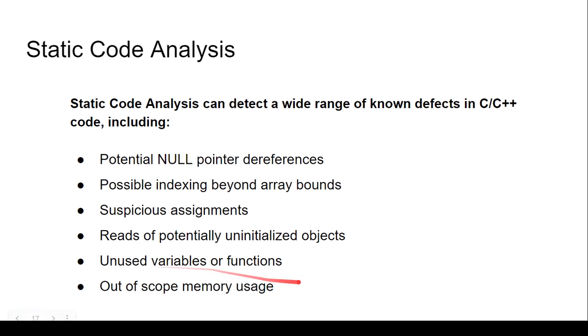So these unused variables and functions are overhead. This static code analysis tool can also identify those kinds of things and warn you before uploading your program. So let's move into the demonstration again.